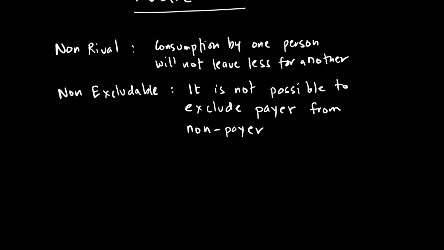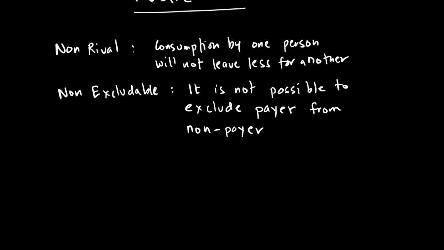It is non-excludable because once provided, anyone who lives in the country will benefit from it. Similarly, it's non-rival: if tourists come into the country, they automatically get provided. It's not consumption by one person leaving less for another.